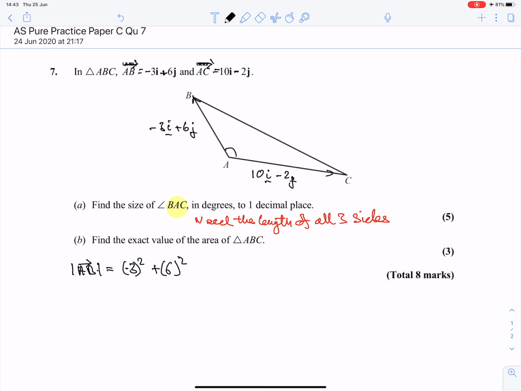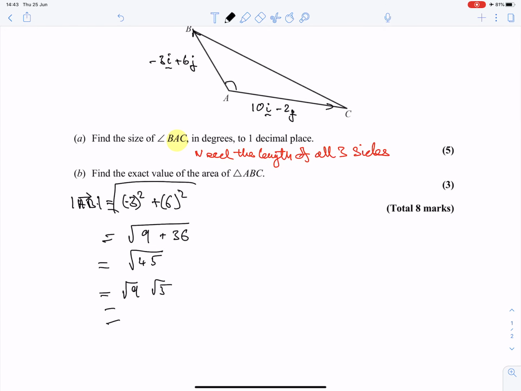So we've got a right angle triangle there using the vector negative 3i plus 6j, so the magnitude is the square root of 9 plus 36, which is root 45. What's the square factor? 9. So we've got root 9 root 5, so that's 3 root 5 for AB.